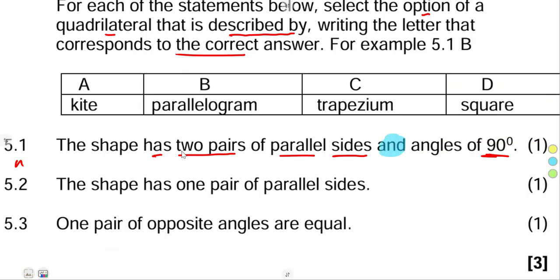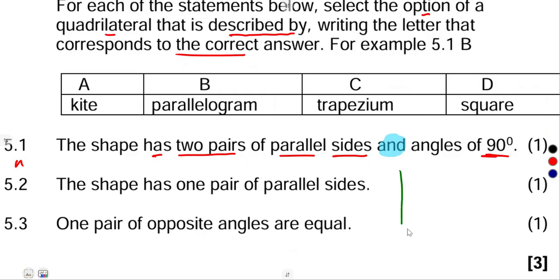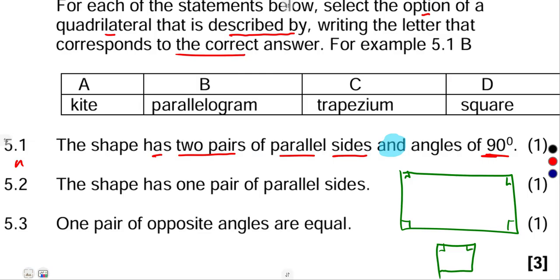It is not just having two pairs of parallel sides. The interior angles, the angles that you see inside, are 90 degrees. It can be a square, it can be a rectangle. The best answer among the options given is a square, having two pairs of parallel sides and each angle being 90 degrees. So 5.1, our answer is D for a square.